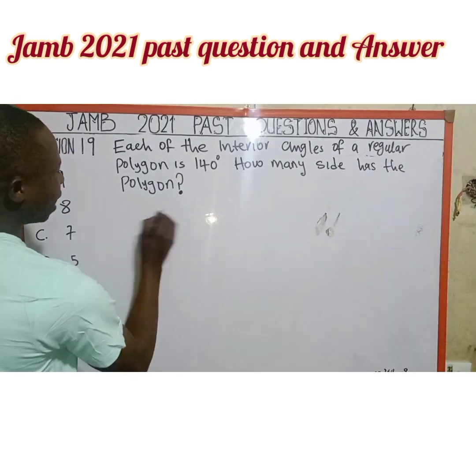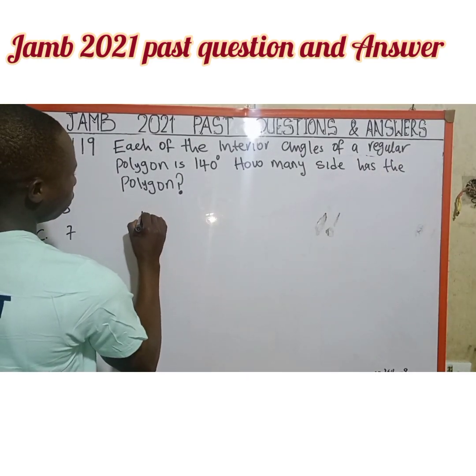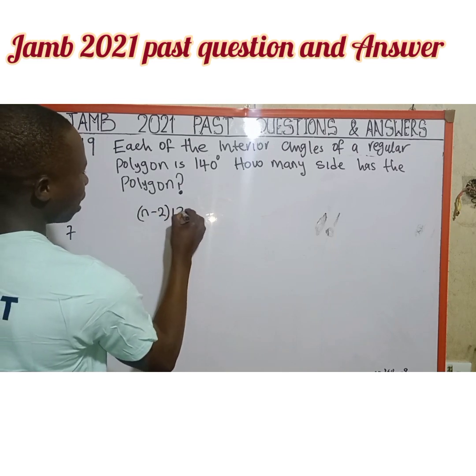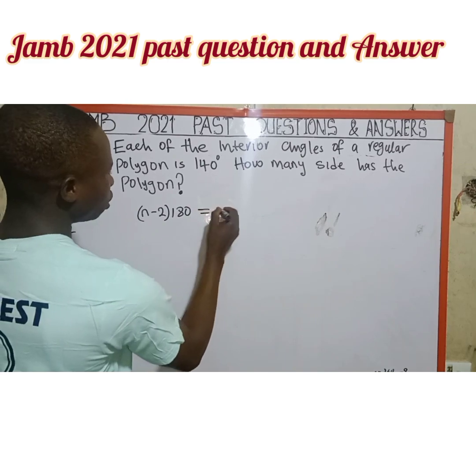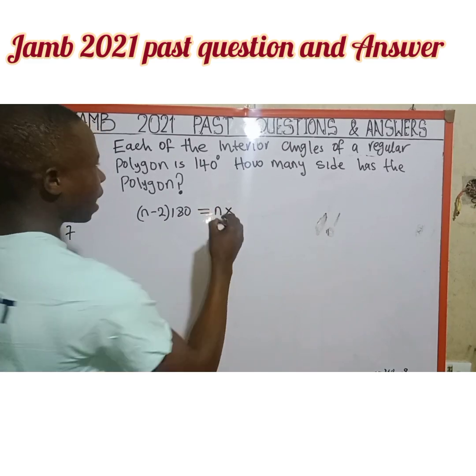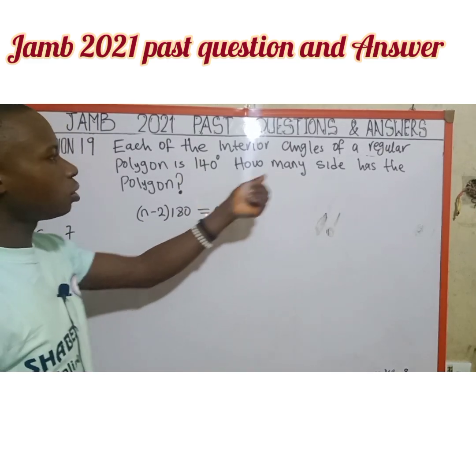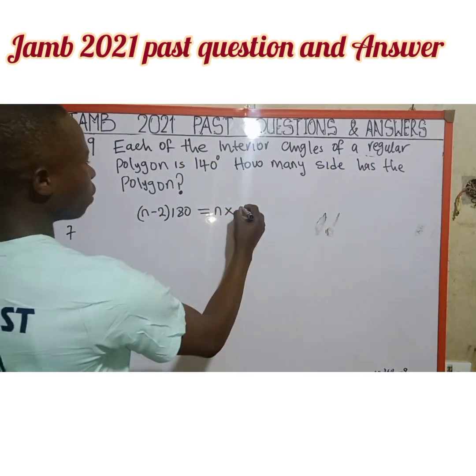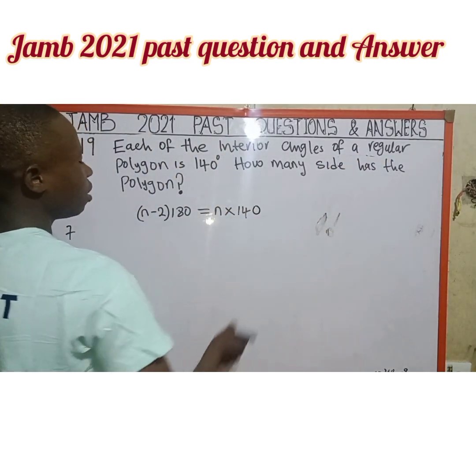So we are going to apply this formula, (n minus 2) multiplied by 180, which is equal to n multiplied by the degree.